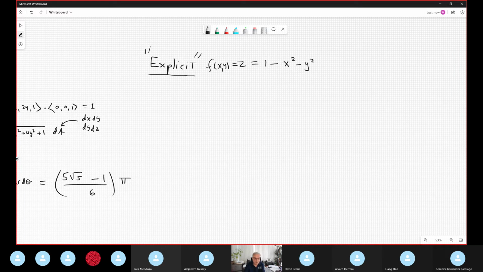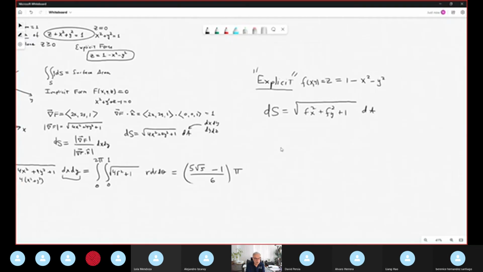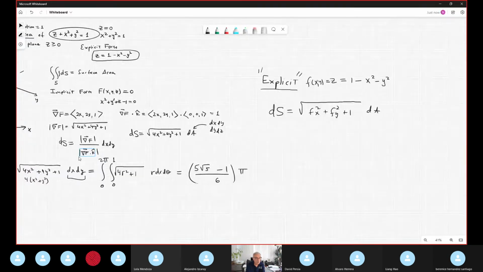The formula for the explicit says dS is equal to the square root of the partial of f with respect to x squared plus the partial of f with respect to y squared plus 1 dA. Be careful, because this f is not the same as the f in implicit. In implicit, this is capital F, with capital F as a function of x, y, and z.